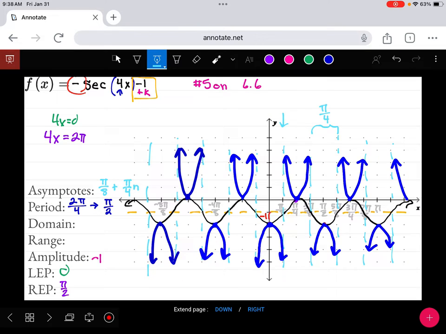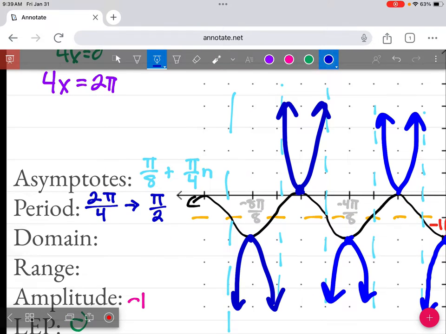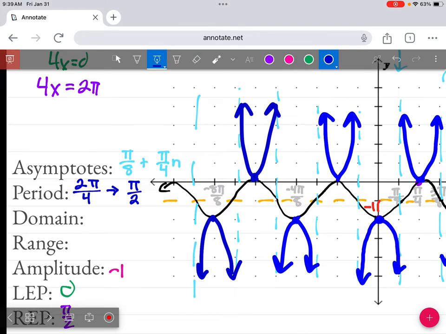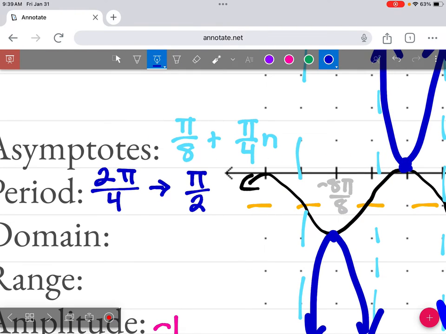Okay. So what's our domain on this one? It's all real numbers, except x cannot be pi over 8 plus pi over 4n.